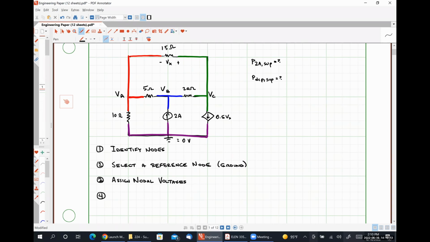And so we're going to call step number 4: express controlling variables in terms of our nodal voltages.